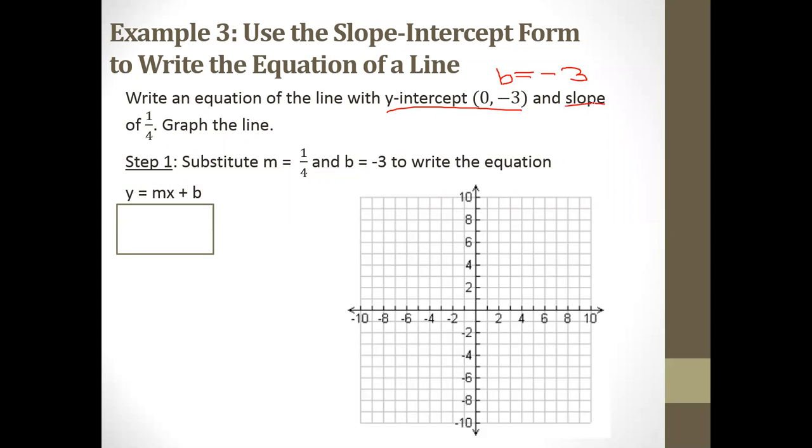And our slope, our m right here, is 1/4. So we'll use 1/4 as our slope, substitute it into the equation, and we'll use -3 as our y-intercept. To write the equation will be y equals 1/4 x minus 3, after we substitute 1/4 for m and -3 for b.